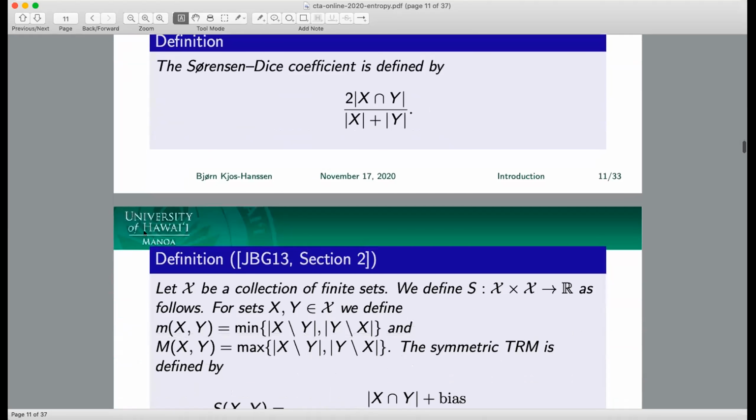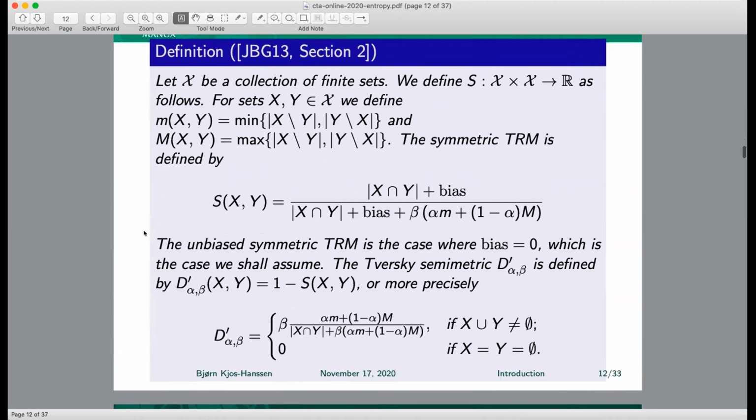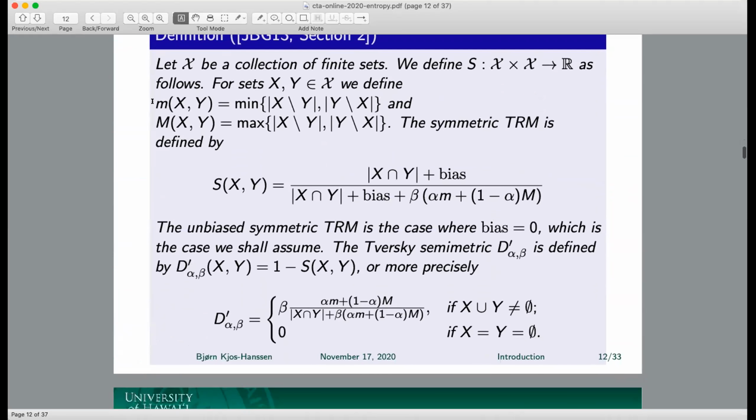Okay, so we can make a general thing. Maybe we are interested in the minimum and the maximum of these two sides of the Venn diagram. Then we can make a general formula like this. We might even have a bias, but I'm not interested in that, so I'm going to say that's always 0.